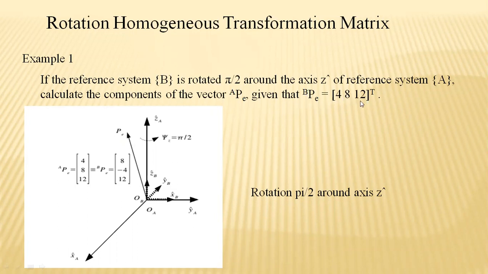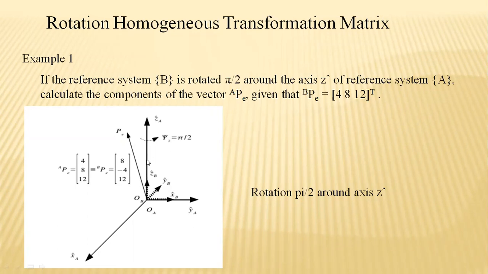So these are the base position to end effector values when considered from the origin position.